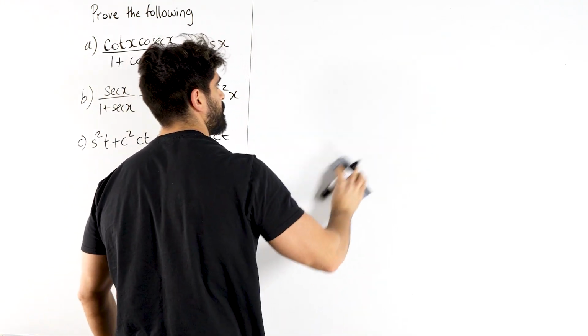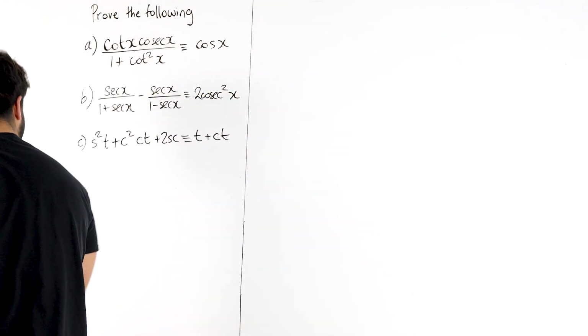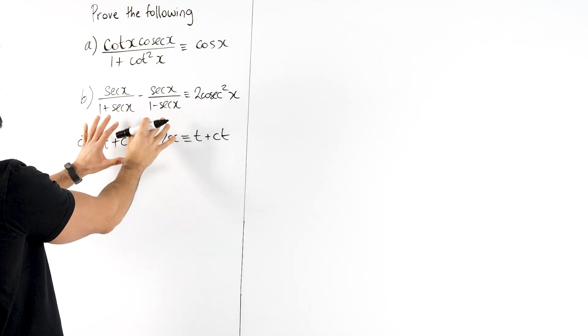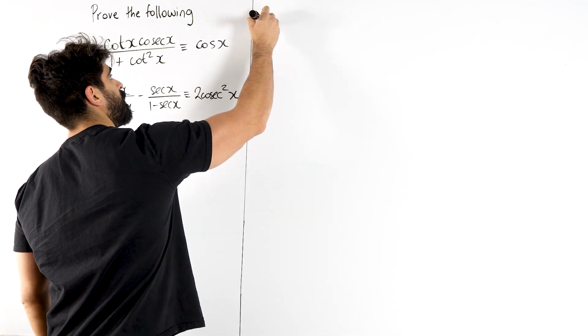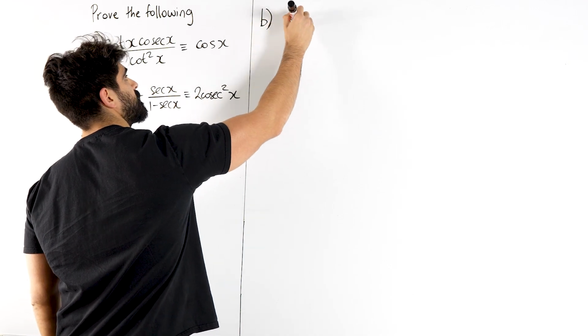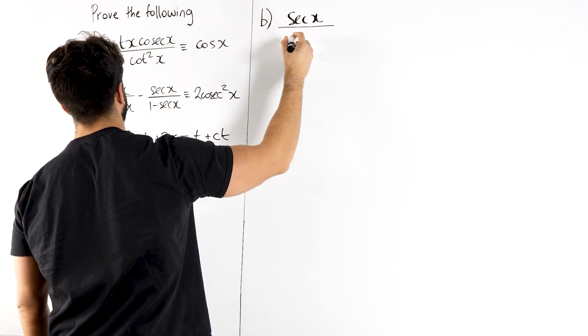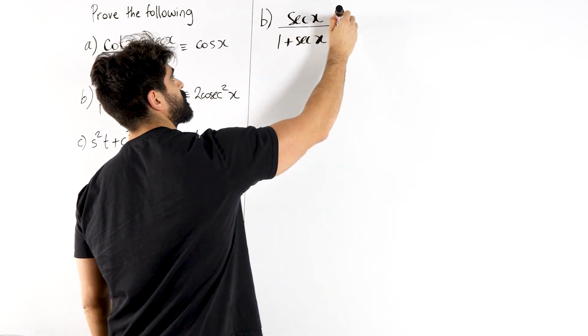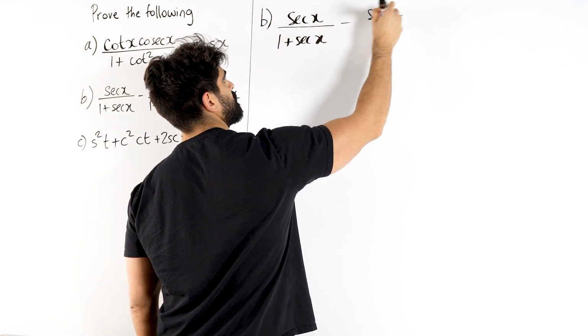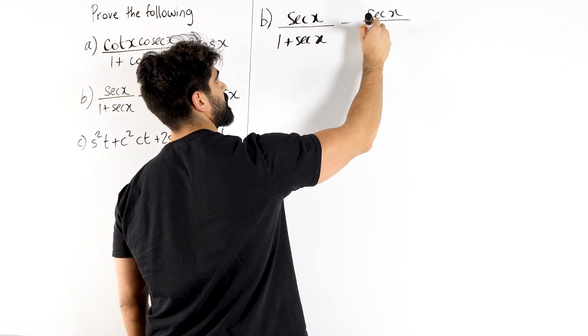Okay? Now, before we do any kind of trig identities or anything like that, we're going to want to bring everything together. So we don't want separate fractions. So for part B, we have sec x over 1 plus sec x minus sec x over 1 minus sec x.